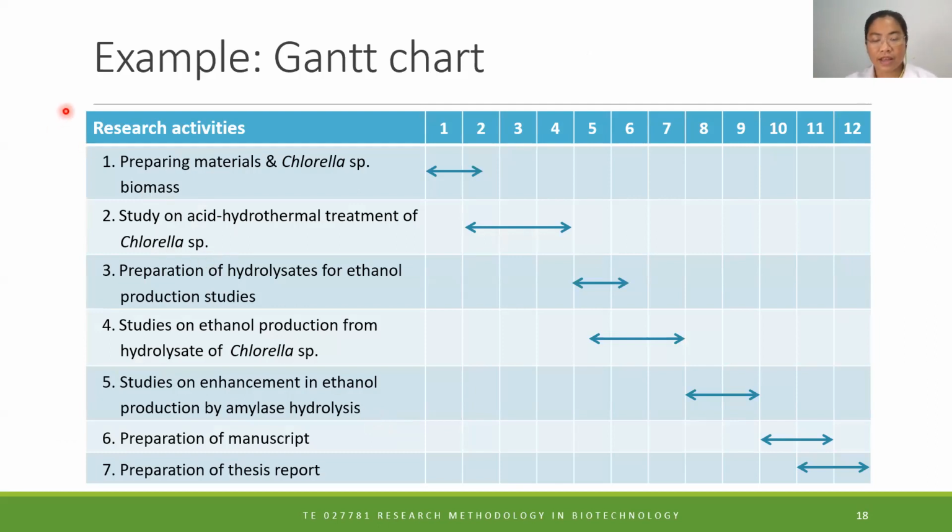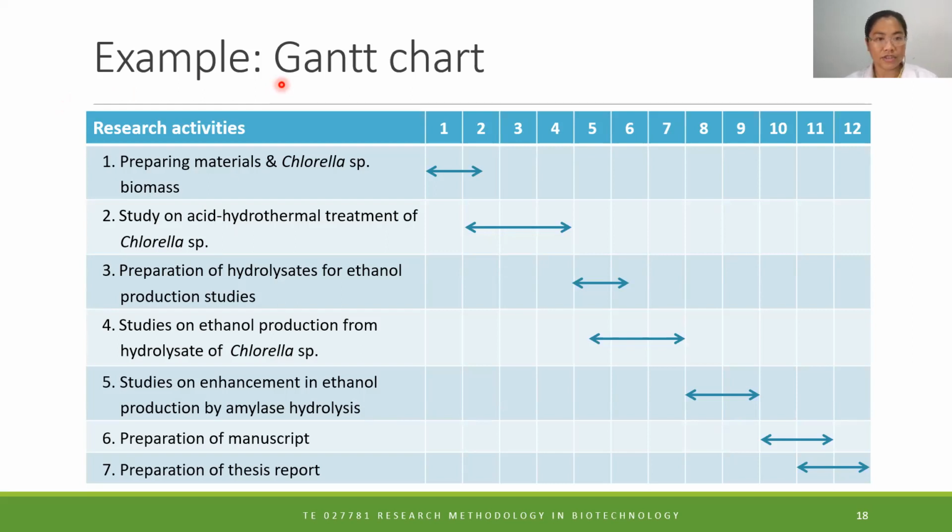This chart or this table that you see is a very popular way to do your research planning. It is called a Gantt chart. Okay, this is the name, the Gantt chart.